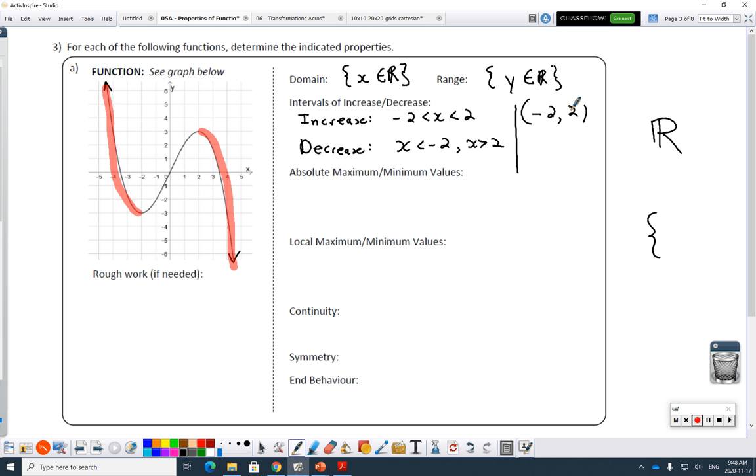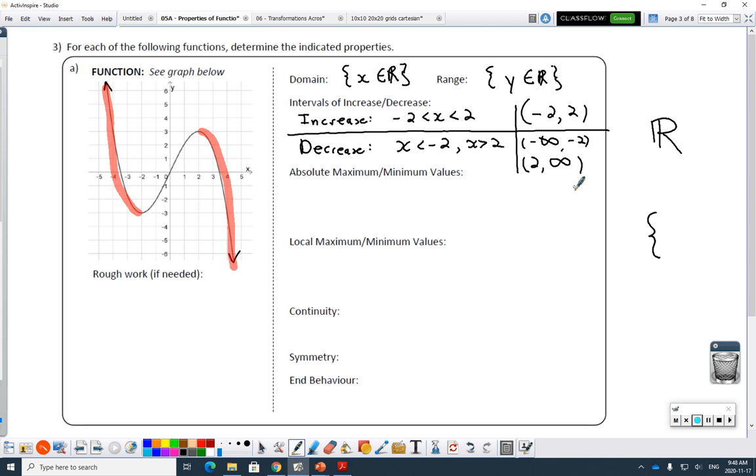For x less than -2, better draw a line across there, I'd write -infinity to -2. And then 2 to infinity are my two intervals there. You can write it either way you want. You can even mix and match. You could say, I'm going to answer the first question with this one, and I'm going to answer the second question with this one because I understand that better. It's whatever you want to do.